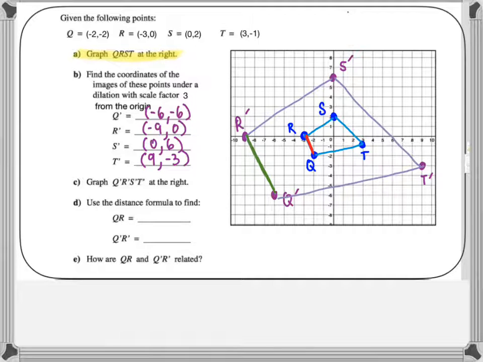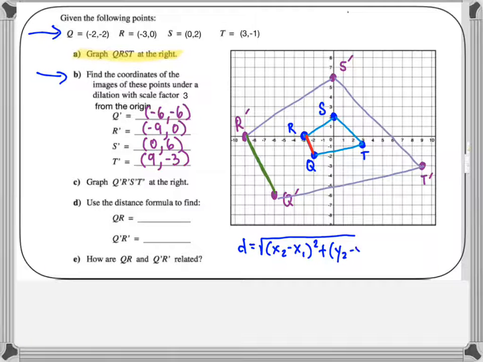To do that, we're going to need the points, which we already have from the previous part, right here and right here. And then we need to apply the distance formula to that. If we remember, the distance formula is this guy. And we can drop in the values from there.